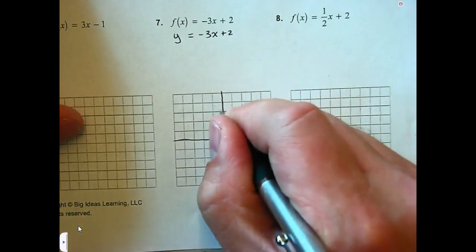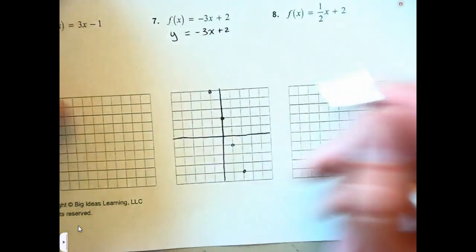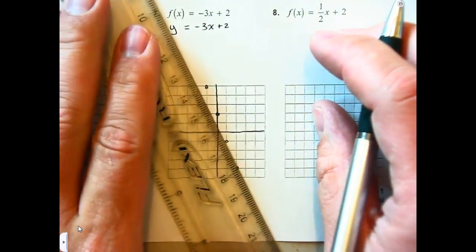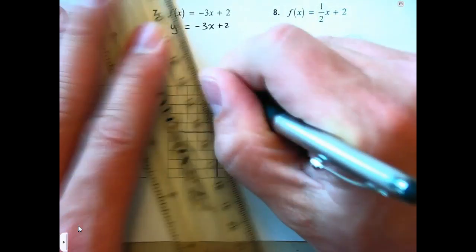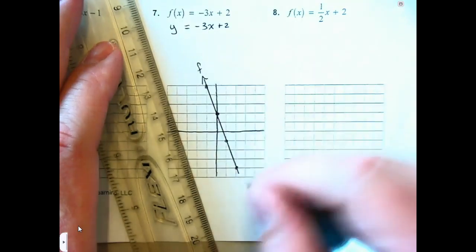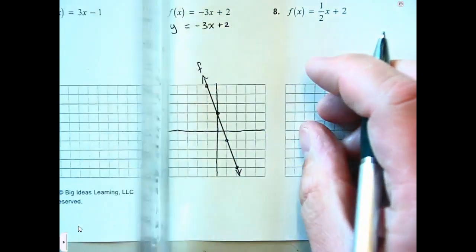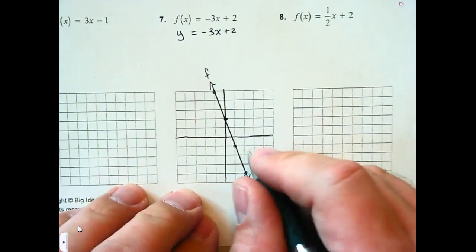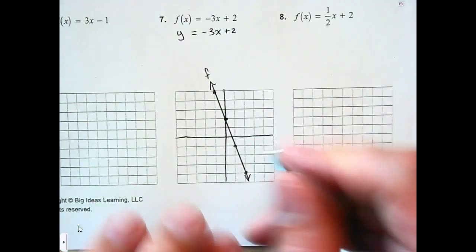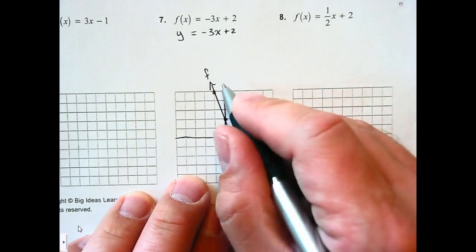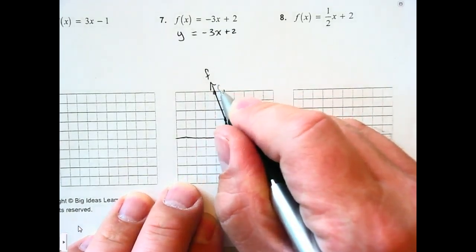Remember, your slope is negative, so you're going down from left to right. There's your graph of f. Okay, so I've got the graph of f. Remember, I could just reflect all these coordinates.